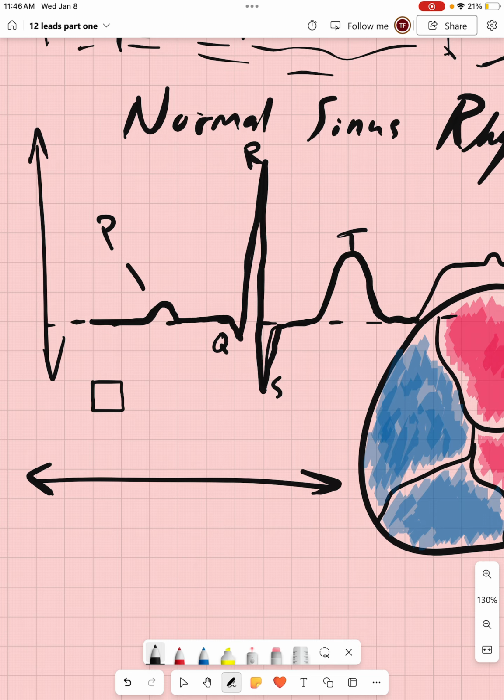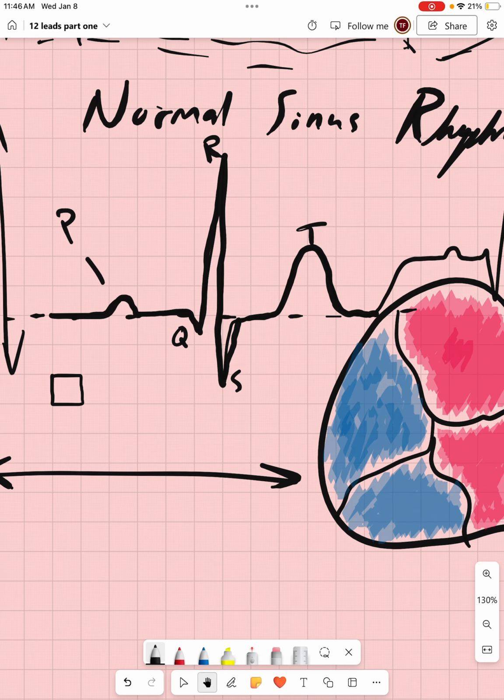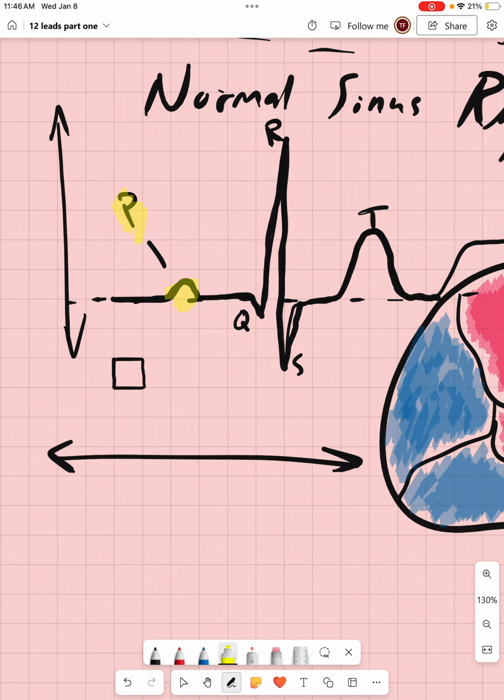So what do these different lines mean? Well, our P wave here, I'll use the highlighter, our P wave is going to be the first positive deflection. That is going to be generally for our normal sinus rhythm.